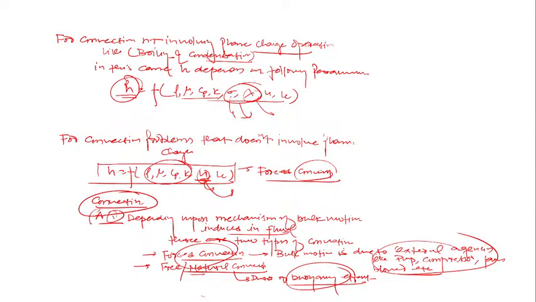Second classification of convection heat transfer operation is based on the phase change involved. There are two types.